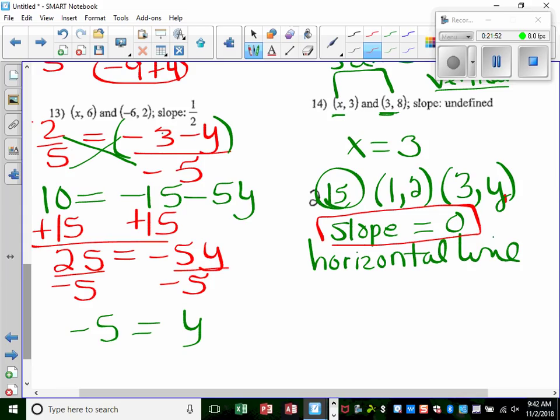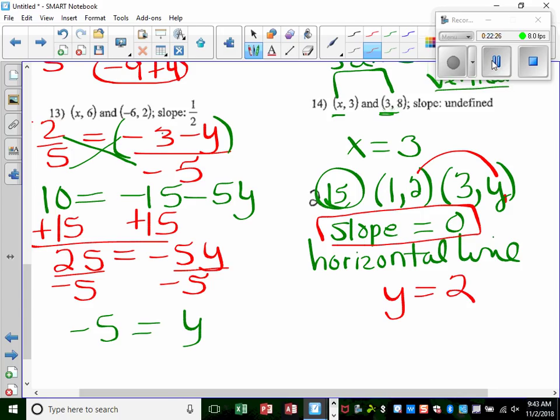Which coordinates did we say were the same if it's a horizontal line? The y coordinates are the same. So there's no work to do except to say y equals 2. That's it. For vertical and horizontal lines, when the coordinates are missing, there's really no work to do except look to see what that same coordinate is for that particular line. So here, this is 2, this has to be 2. Are we together? All right.